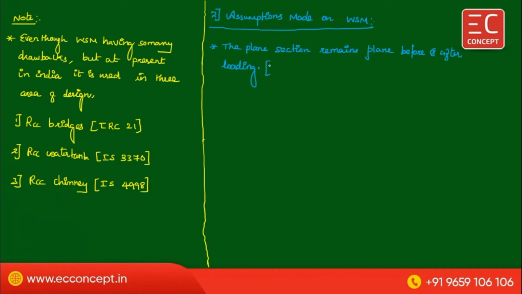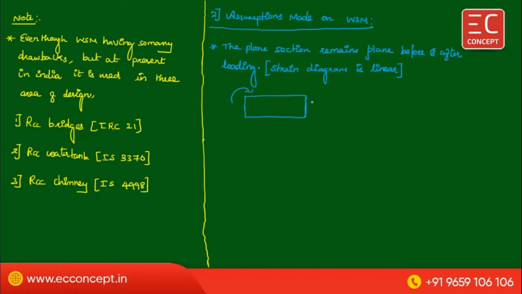The meaning is that the strain diagram is linear. One time this question was asked. Plane section remains plane before and after loading means the strain diagram is linear. See, initially there was a beam, and initially this section is a plane section.